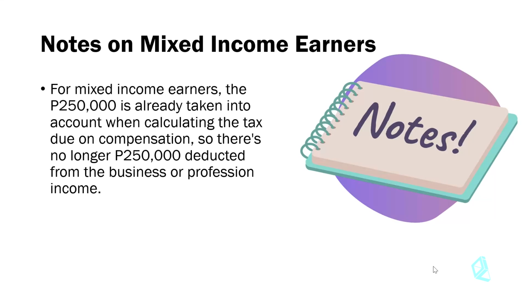So I hope you take note of that, because you don't want to be penalized for using 250,000 twice. So if you use 250,000 in your compensation income already as a portion of your tax exempt income, you should no longer use that when computing for your option number 2 income taxes.